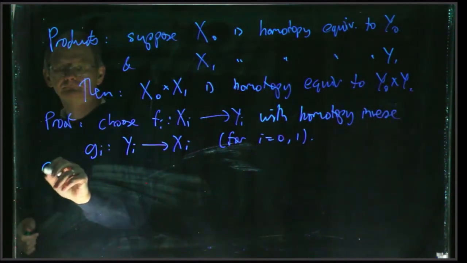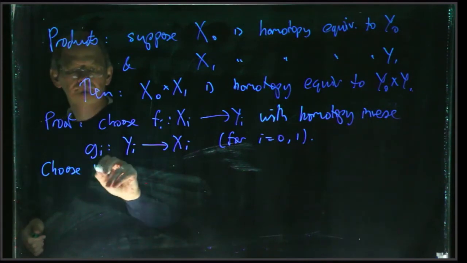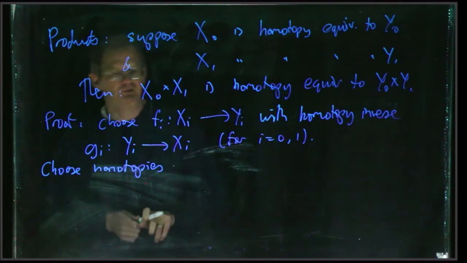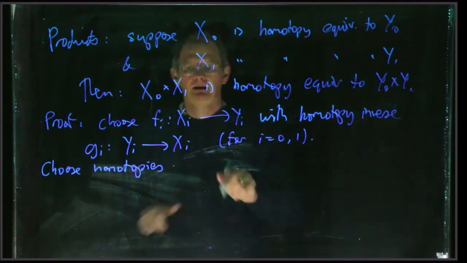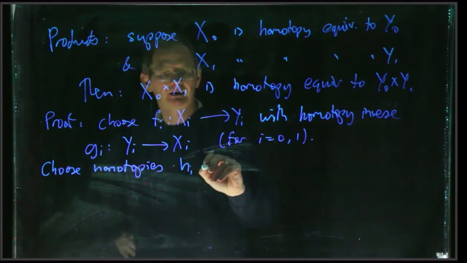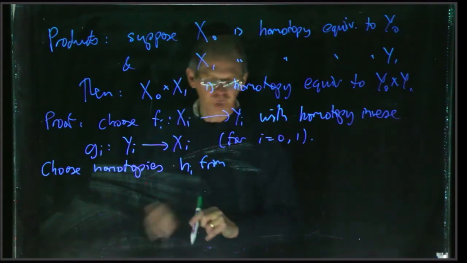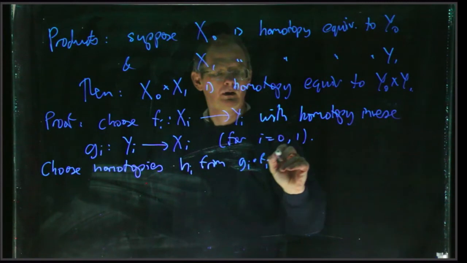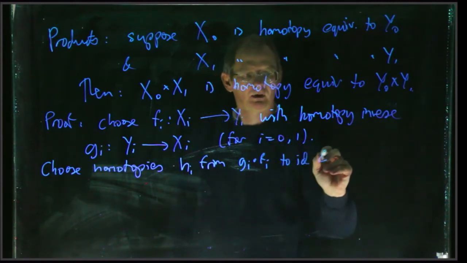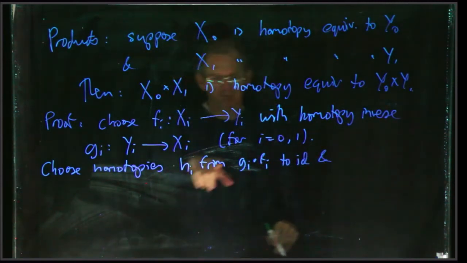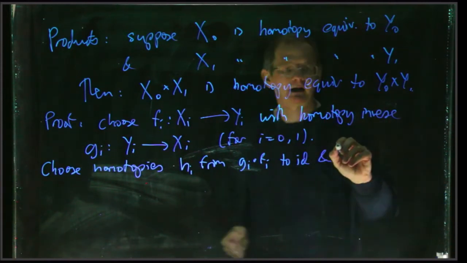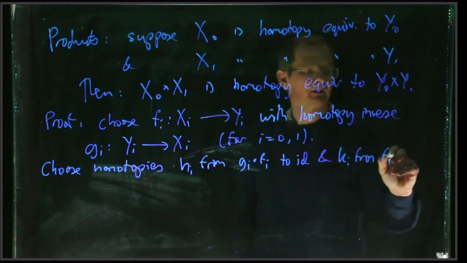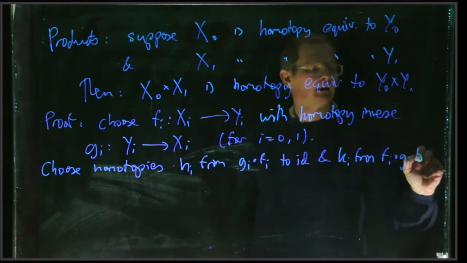Then we choose homotopies, Hi from Gi composed with Fi to the identity, and Ki from Fi composed with Gi to the identity.